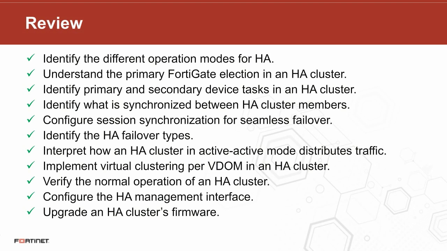Configure session synchronization for seamless failover. Identify the HA failover types. Interpret how an HA cluster in active-active mode distributes traffic. Implement virtual clustering per VDOM in an HA cluster. Verify the normal operation of an HA cluster. Configure the HA management interface. Upgrade an HA cluster's firmware.